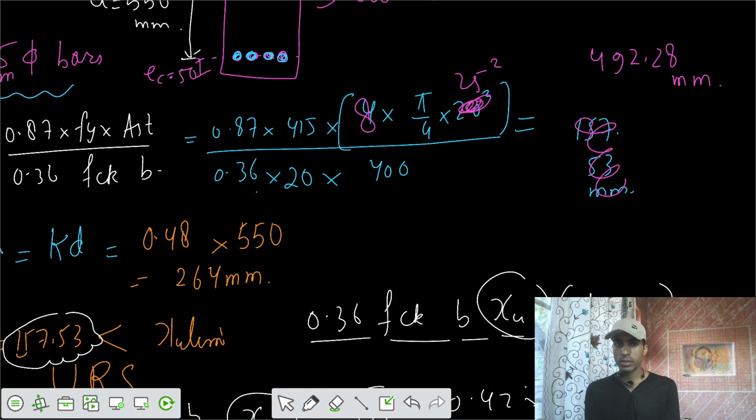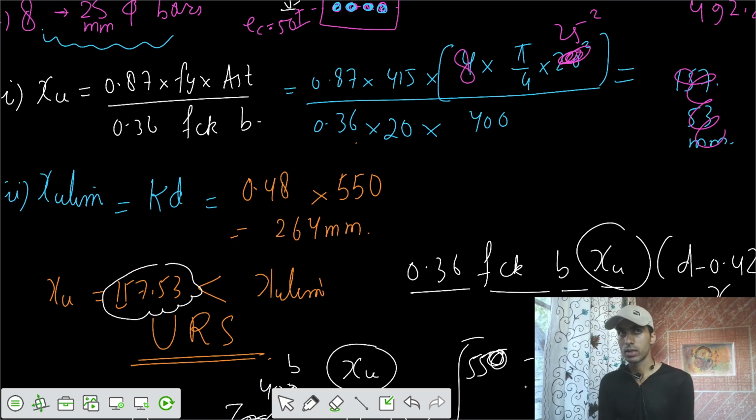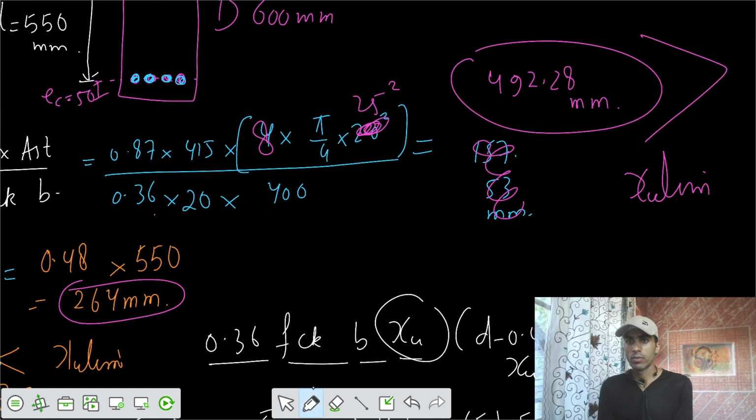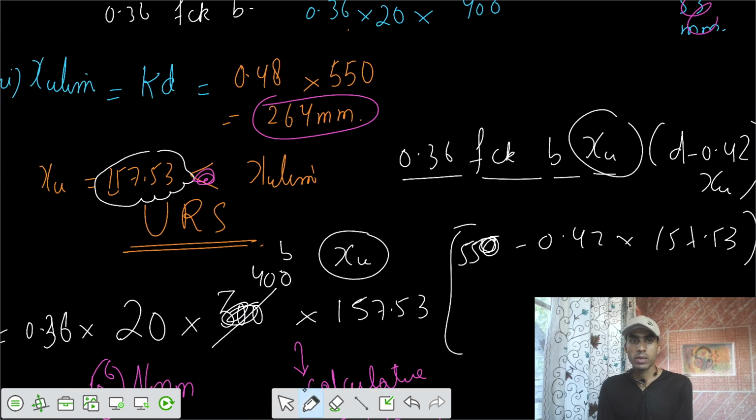And the value of Xu limiting is constant. It does not change by changing the number of bars. So that is fixed. So I would say your Xu is more than Xu limiting. For the second case, Xu is greater than Xu limiting. That means it is an over-reinforced section.